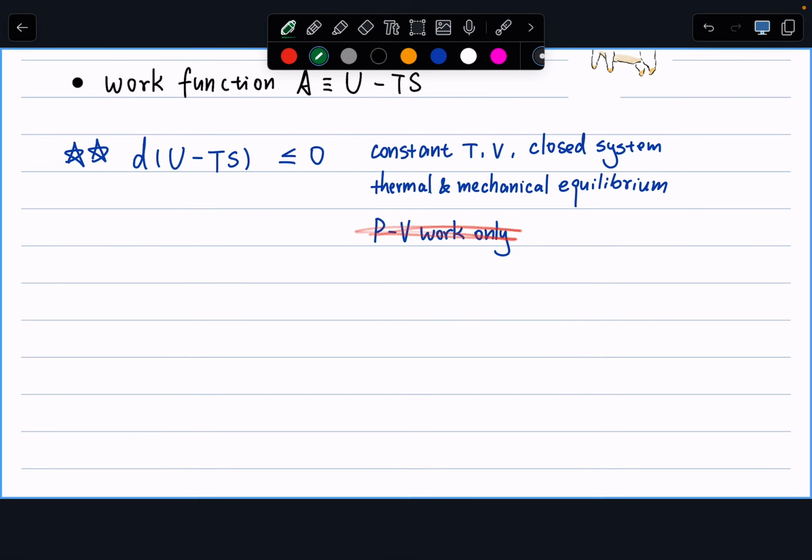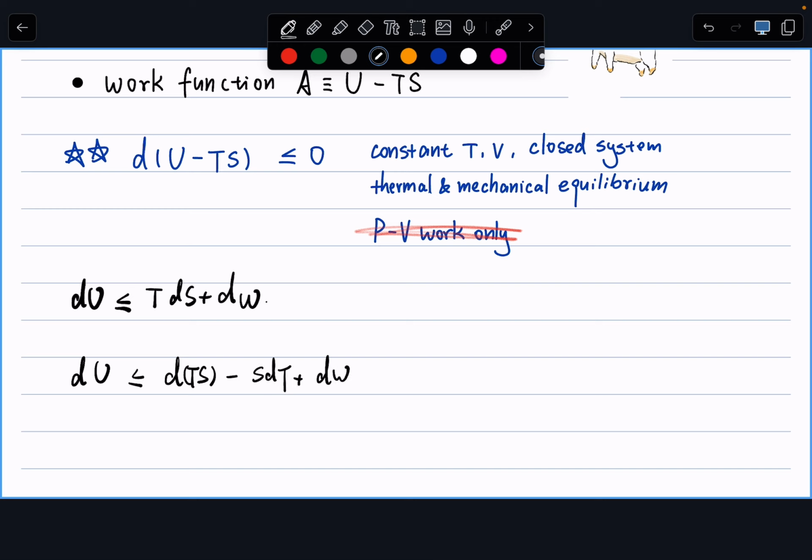Now we'll do the same thing. We have dU smaller than or equal to TdS plus dW. So doing the same thing, and using TdS equals d(TS) minus SdT, we have dU smaller than or equal to d(TS) minus SdT plus dW.